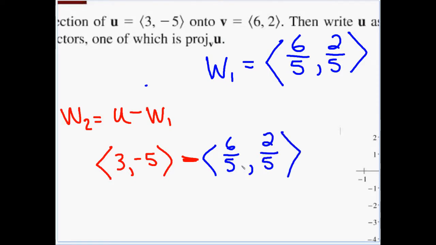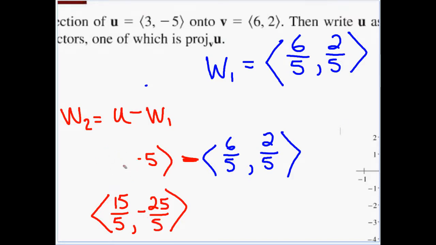Now, because what we have here is fractions, I'm going to take a trip back to the first vector here, u, and I'm going to put that in terms of fifths. So 3 would be 15/5. Negative 5 would be negative 25/5. So this will make it a little bit easier to do the subtraction.